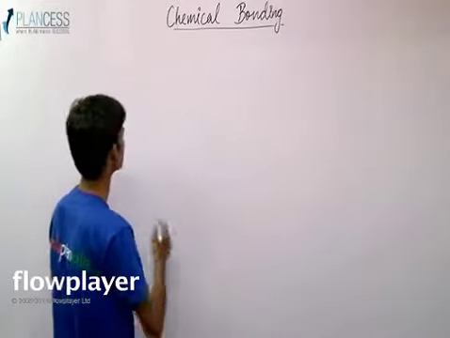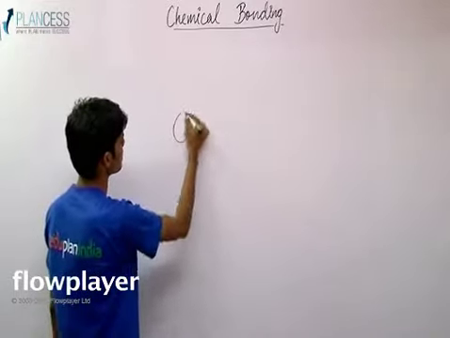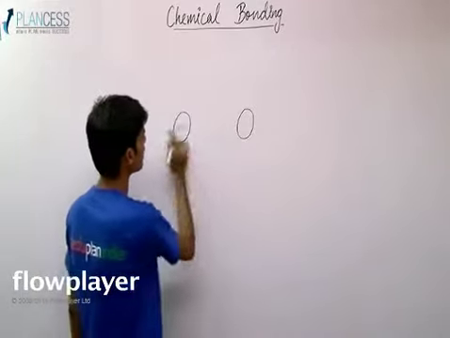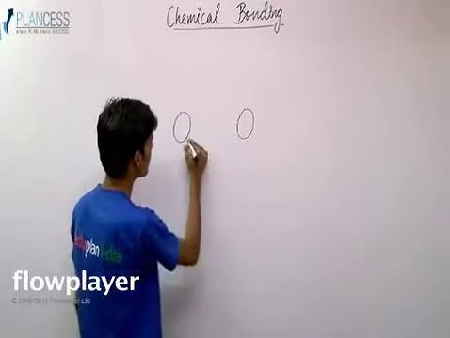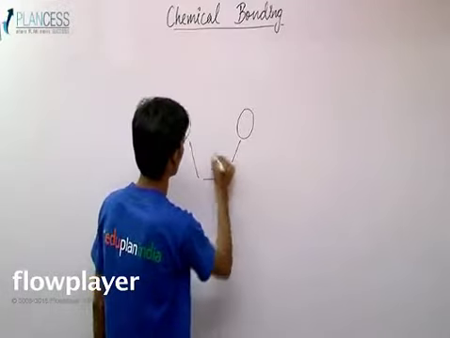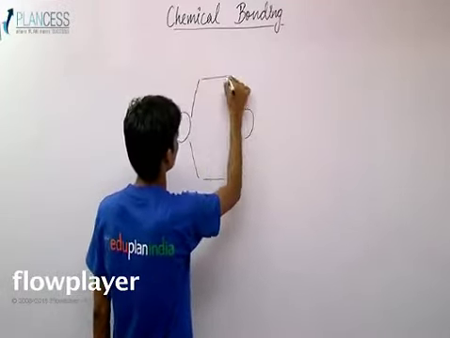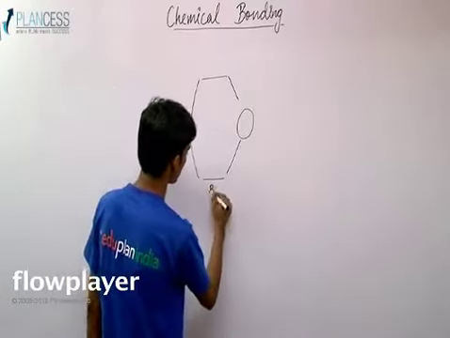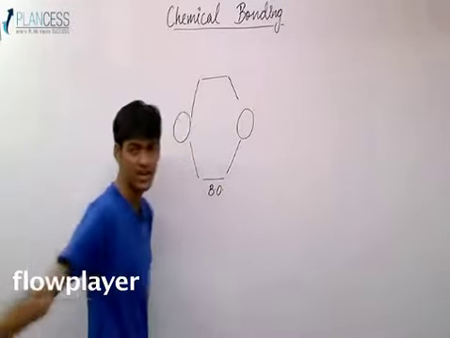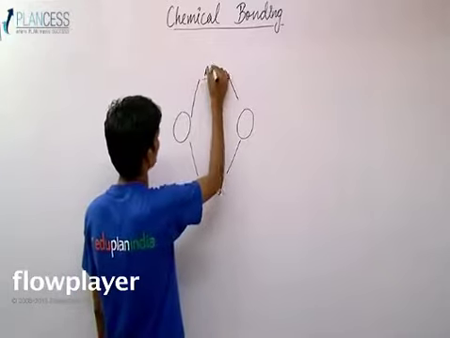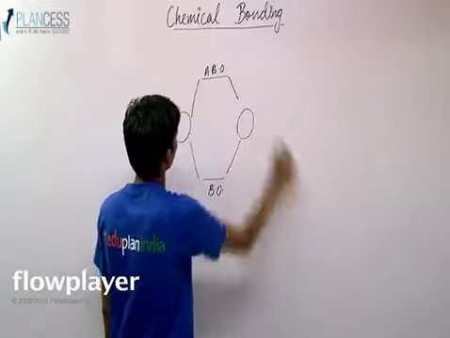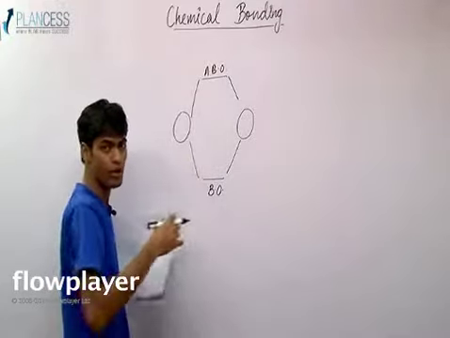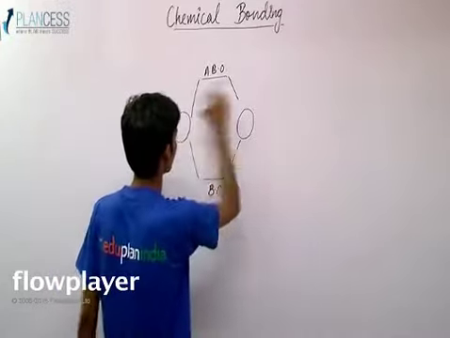Molecular orbital theory says that if 2 orbitals overlap, then 2 molecular orbitals are formed, one lower in energy and one higher in energy. The one lower in energy is called the bonding orbital, and the one higher in energy is called the antibonding orbital. Molecular orbital theory treats orbitals as waves.